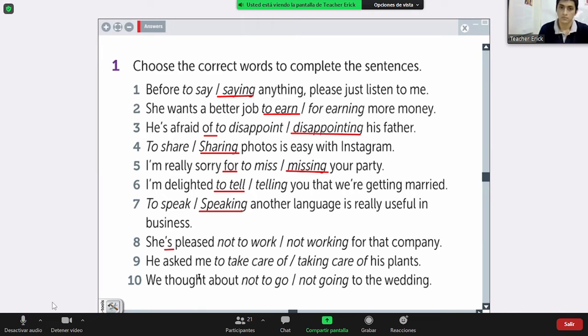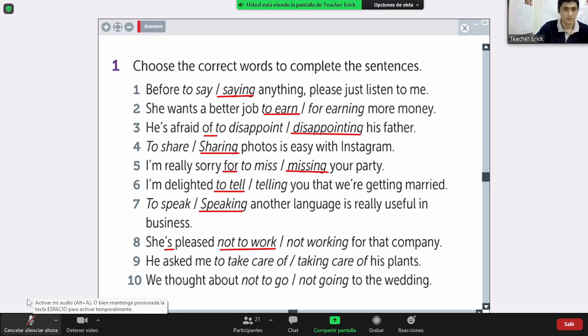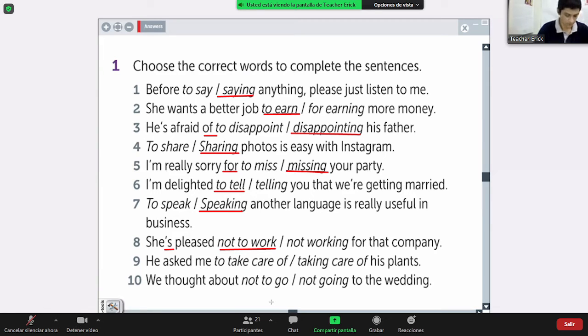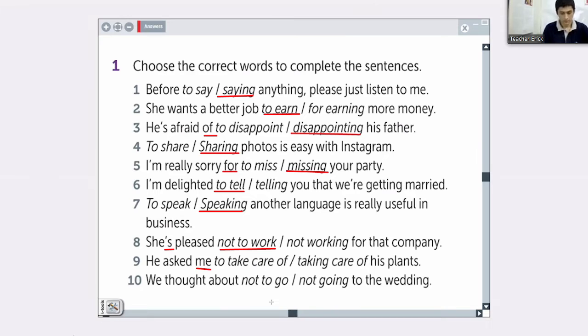To work? Not to work? Not to work for that company, and he asked me to take care of or taking care of. To take care. To take care of.